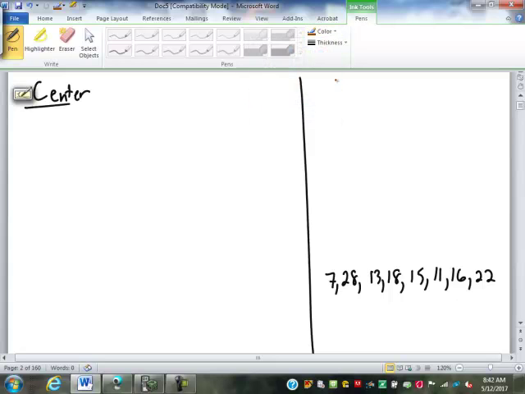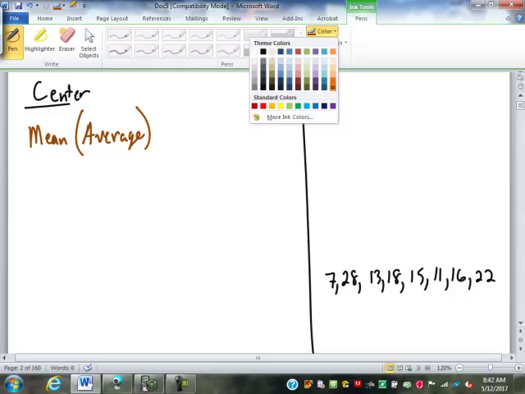The first measure of center that we're going to talk about is something called the mean. Now the mean might not be a term that you've heard before, but the process is something you've done before. This is simply the average. The average that you learned how to do probably around 3rd or 4th grade, where you just add together the numbers and divide by how many are there.